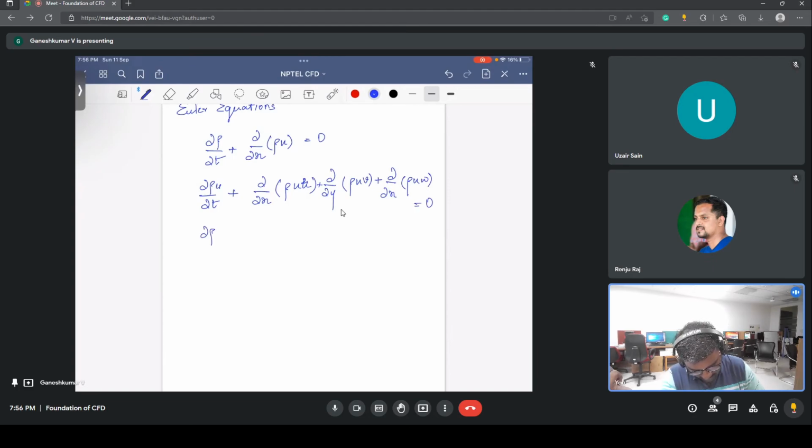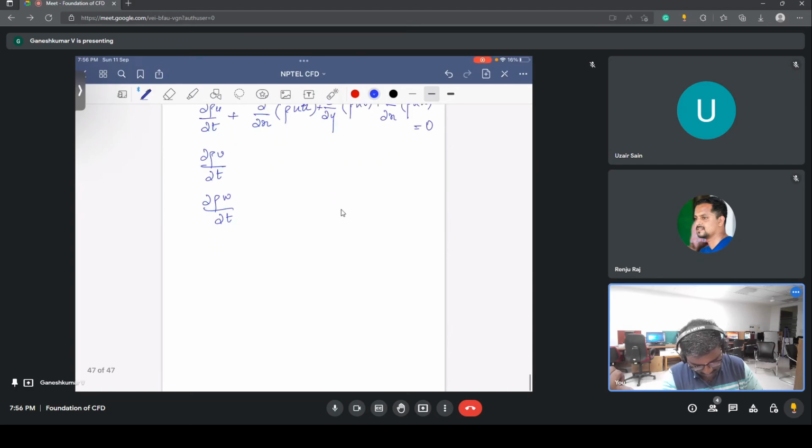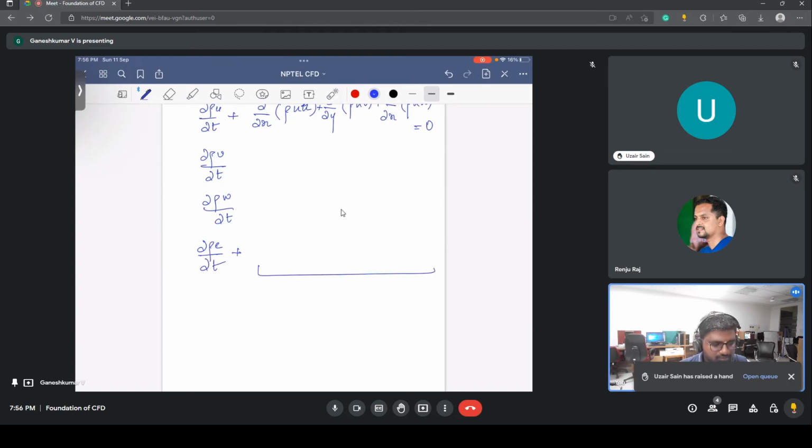Similarly you will write for dou rho v by dou t, and similarly for dou rho w by dou t. So these three are momentum equations, and you finally have the energy equation, dou rho e by dou t plus a few terms.